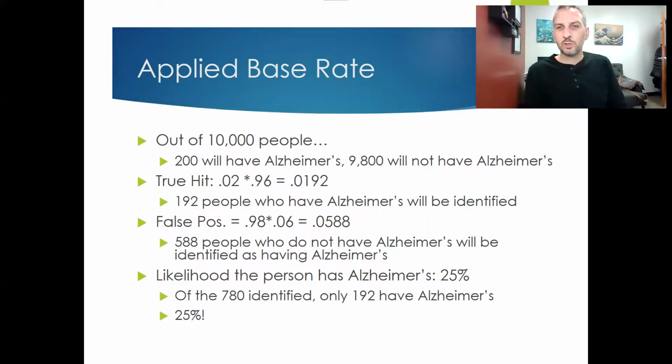It speaks to the difficulty of making a diagnosis. You always have to think, how common is this disorder? If it's common and you get a result that says yes, they have it, you can be fairly confident. But if it's a rare condition and you say, wow, this looks like this rare condition, you always want to second guess yourself and question, how accurate is this assessment?